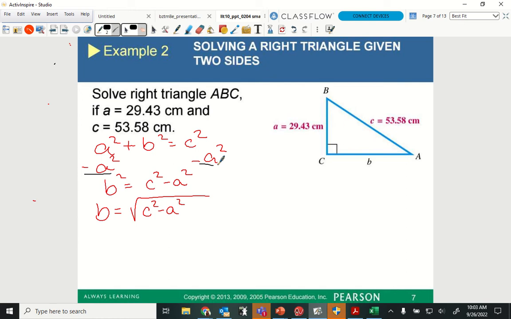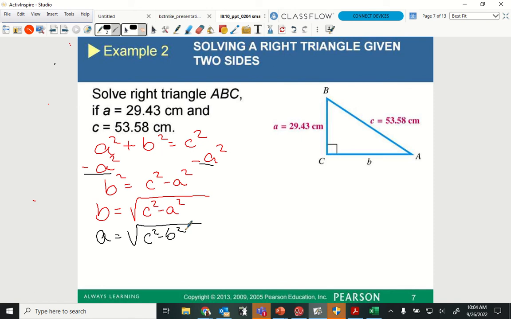So what would be by itself on the left? A. And a would be equal to the square root of c squared minus b squared, because I'm subtracting b squared from both sides.